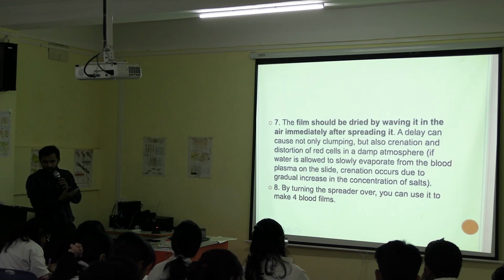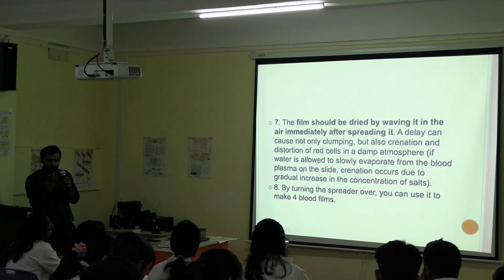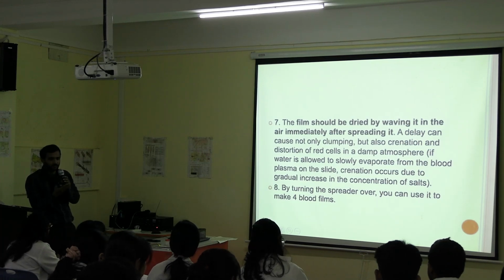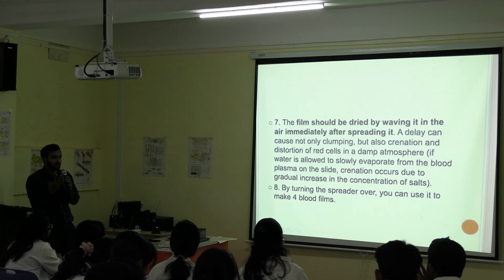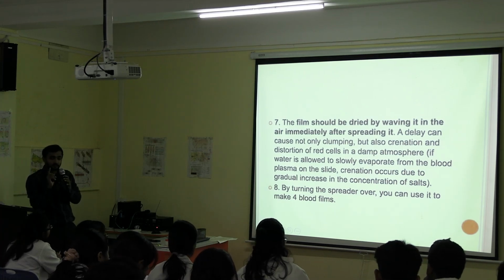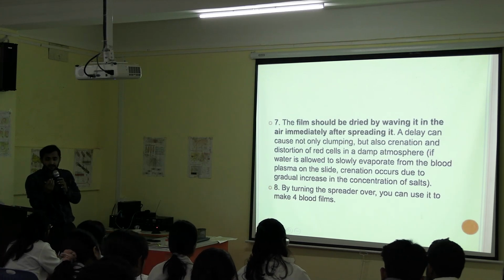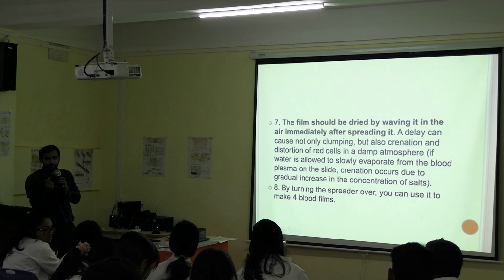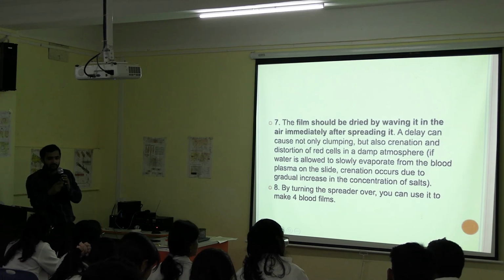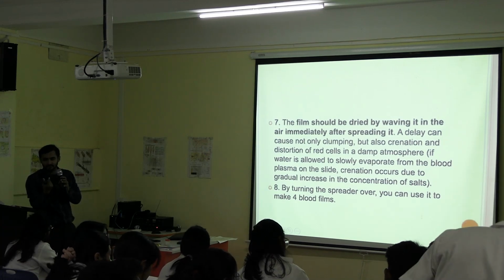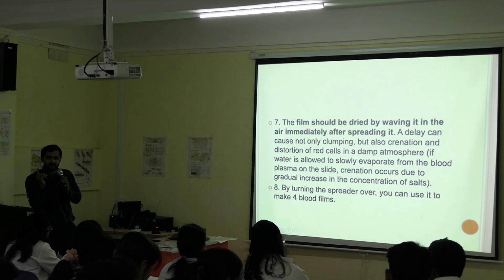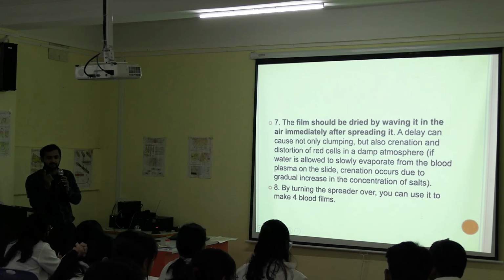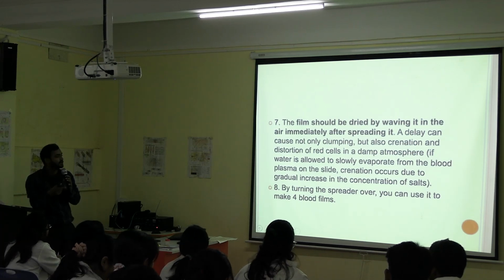As I told you, there are 4 edges of the spreader, so you can prepare at least 4 slides. Before the exam, make sure you have at least 4 slides. Why 4 slides? Suppose you cannot make a proper smear in the first go, so from the 4 you take the best slide for fixing and staining.